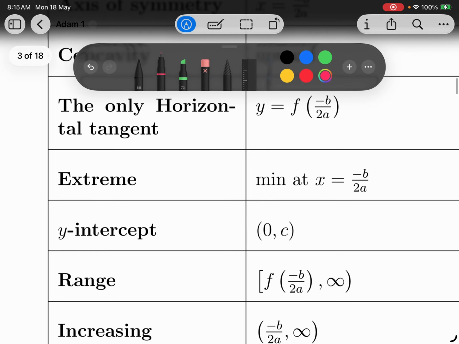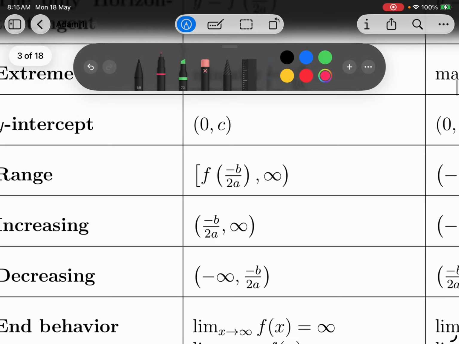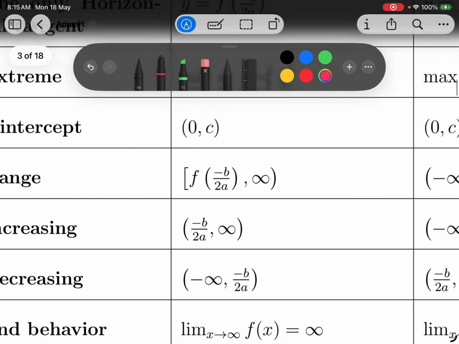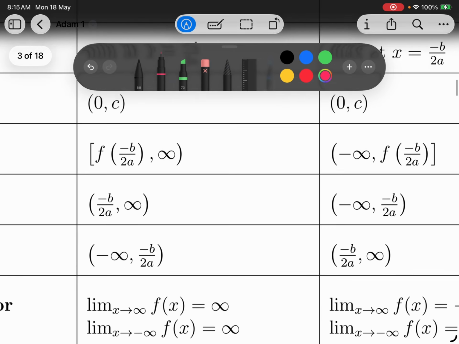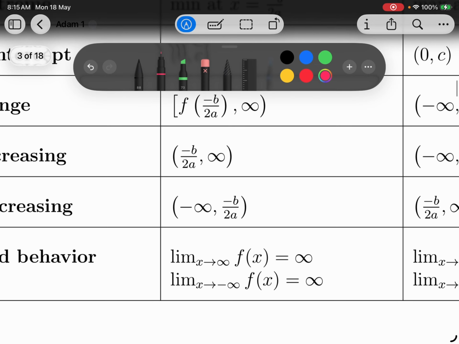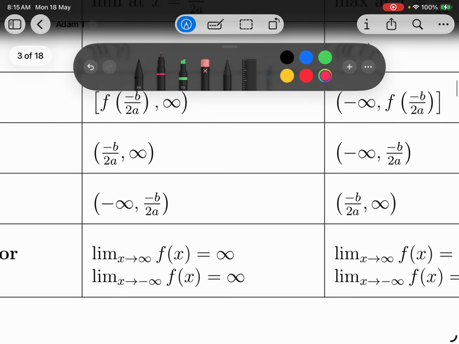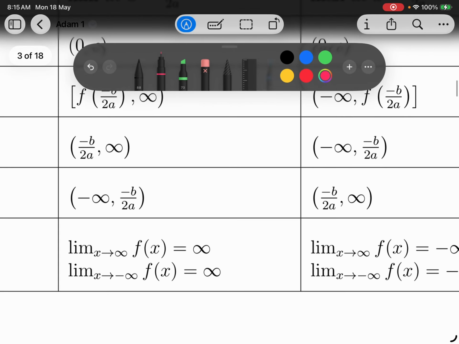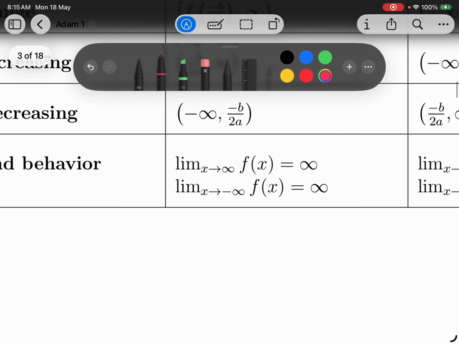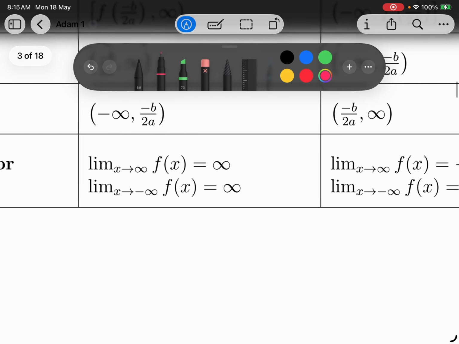Okay, and for the y-intercept, we discussed that it's (0, c). And here, guys, we have the range when a is positive, when a is negative. And here we have the intervals of increasing, when a is positive here, to the right when a is negative. And here we have the interval of decreasing when a is positive and when a is negative.